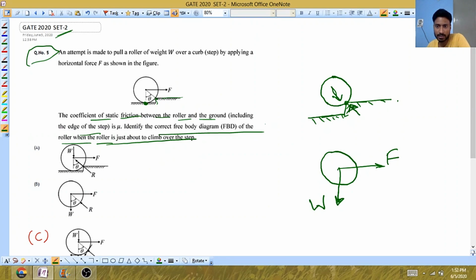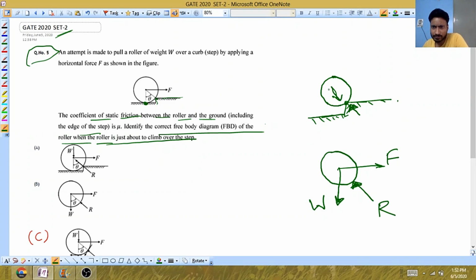By Newton's third law, every action has an equal and opposite reaction. So action is applied, so reaction is observed at this point. I'm taking this reaction as R.